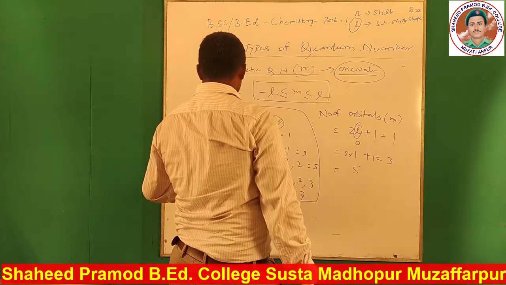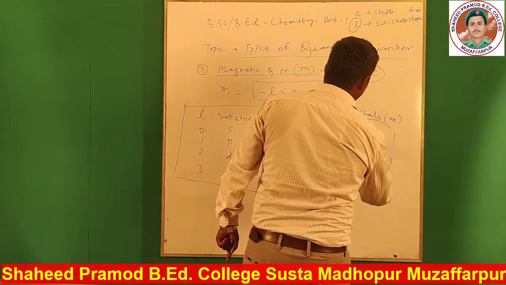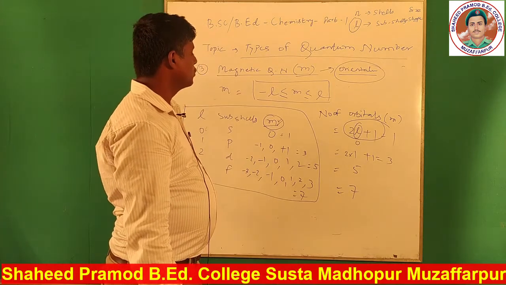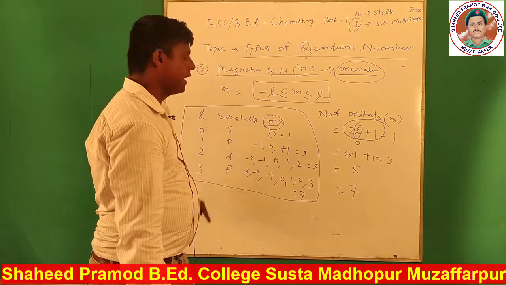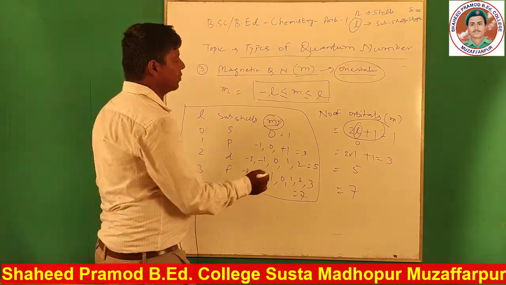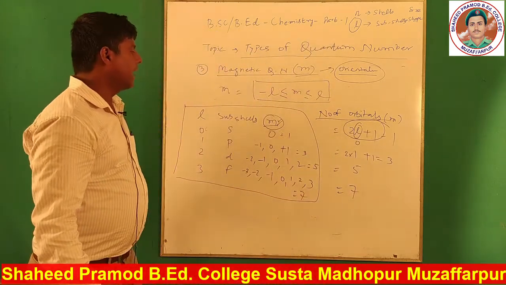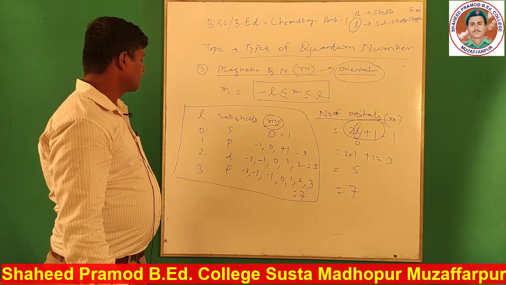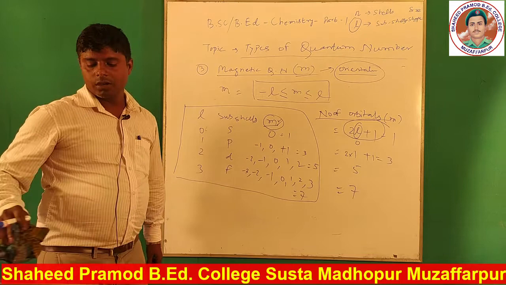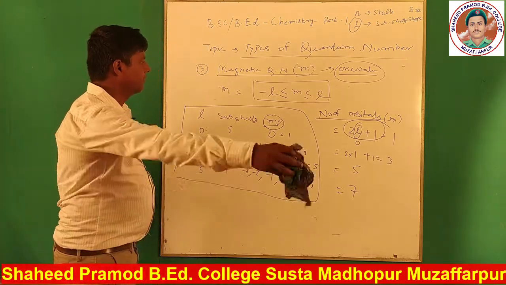And for L equal to 3, you get 7. So this is the formula for finding the number of orbitals whenever you know the value of L. You can write down: number of orbitals is equal to 2L plus 1, where L is equal to 0, 1, 2, 3 up to n minus 1, and this is called azimuthal quantum number.